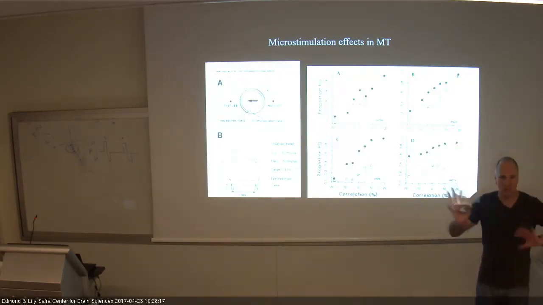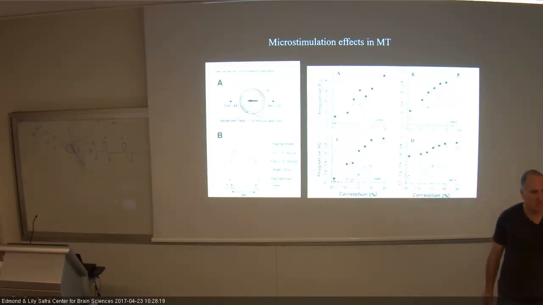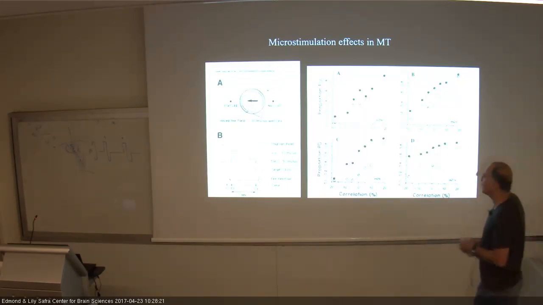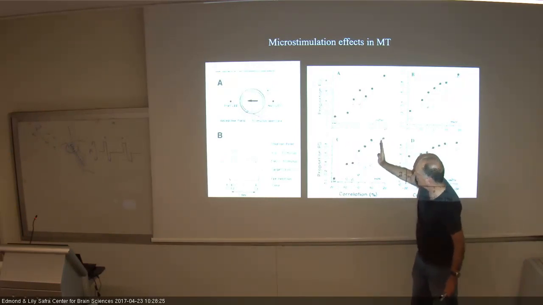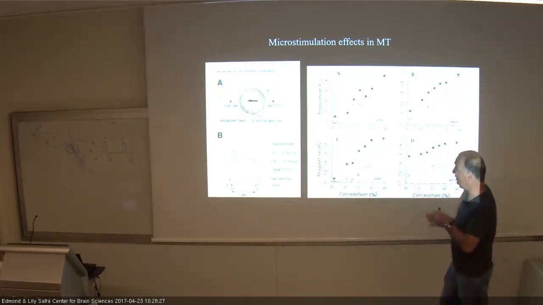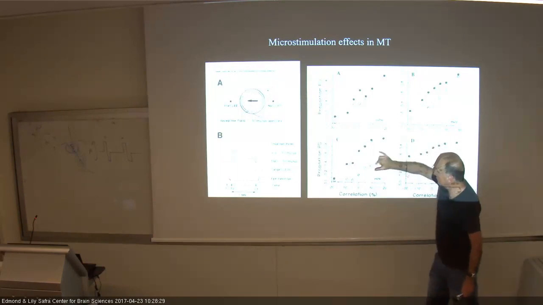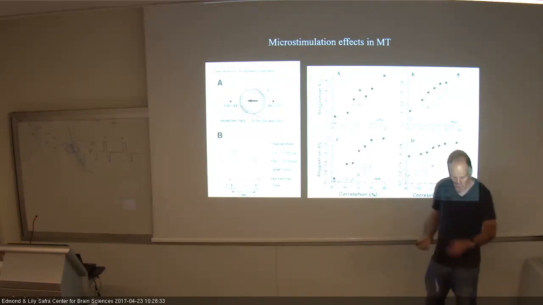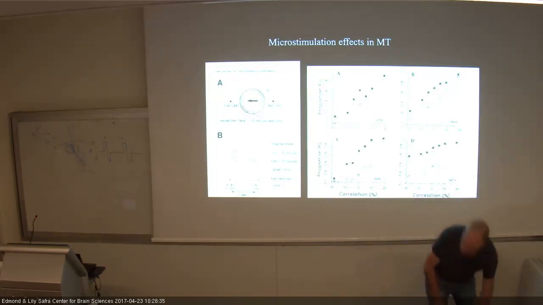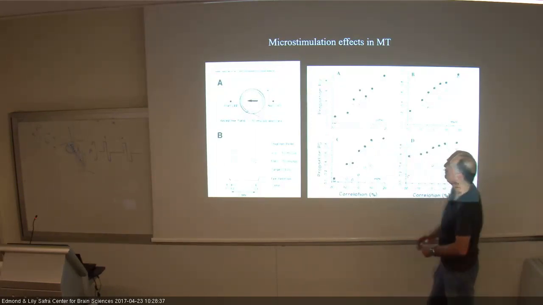It's just random motion. There's no net motion on the screen. But the microstimulation has a major effect, shifting this function leftward. And as I said, the easiest way to understand this is there's no information whatsoever, but there's this shift towards the preferred direction.